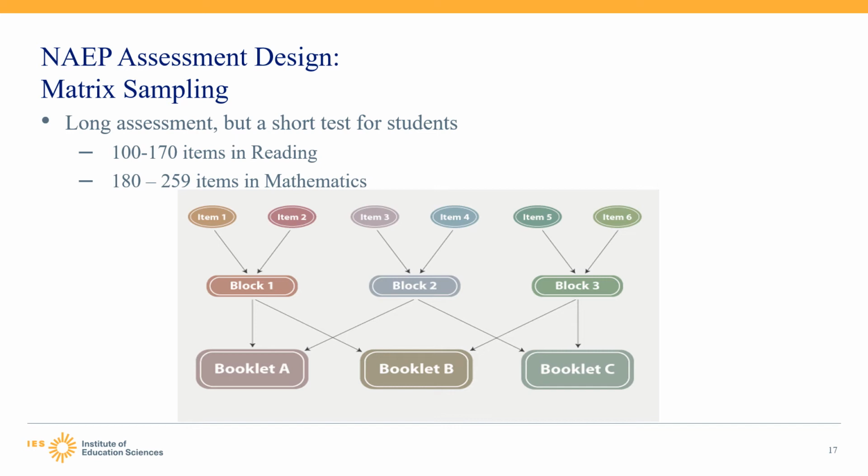At step 3, blocks are paired to develop booklets. Block 1 is paired with block 2 in booklet A, and again, block 1 is paired with block 3 in booklet B, while block 2 is paired with block 3 in booklet C. Systematic pairing is necessary to ensure proper distribution of items across the population.